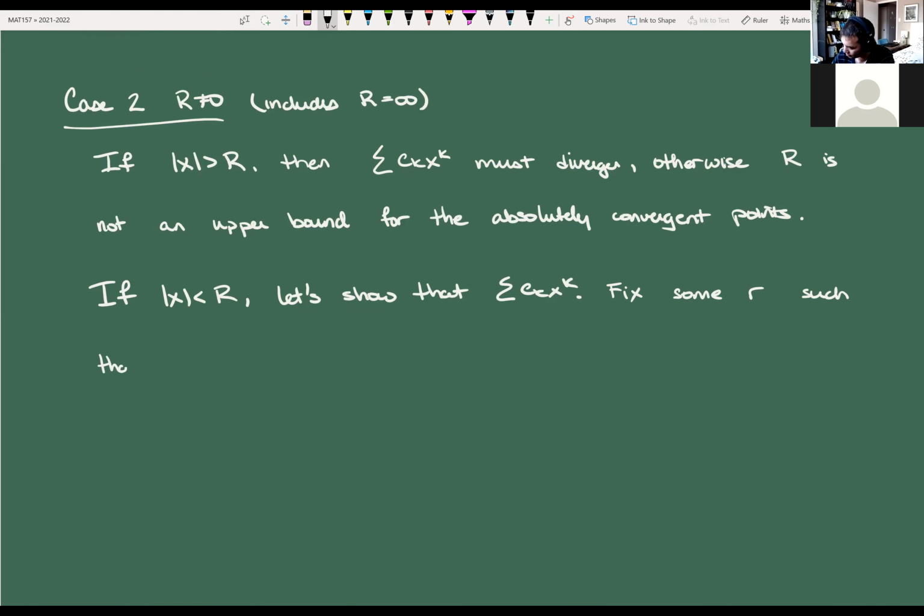So either capital R itself converges, or you can choose something close to it. Great, so we can get some point which converges.